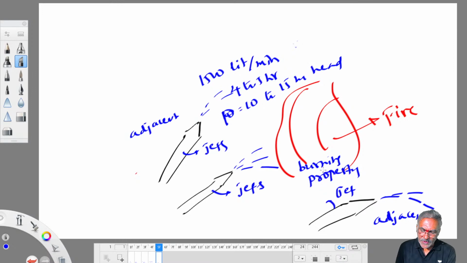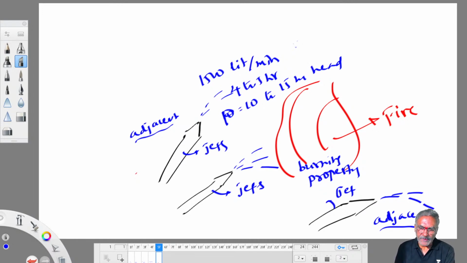One is the burning property. On either side of it, the adjacent properties are also wetted so that the fire will not spread. So we can prevent the spread of fire. That's how we can combat fire accidents. The firefighting department will take care of this, but they require water, so we have to provide water to them. They take care of the extinguishing part.